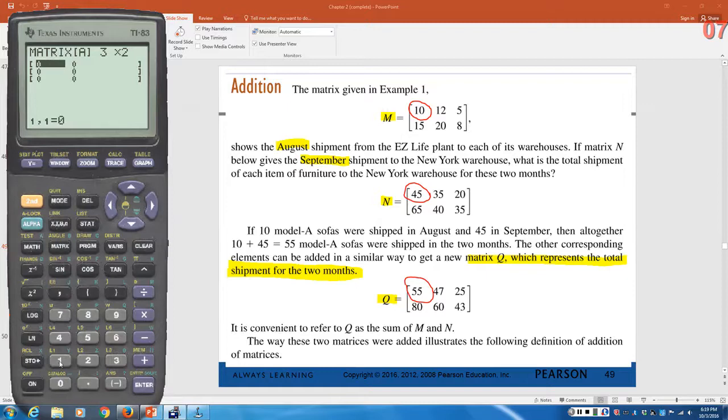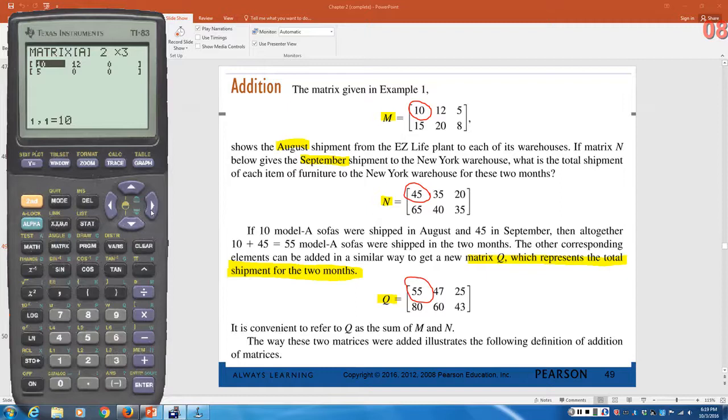And the entries in matrix A, or we could have used M, are going to be 10, 12, 5, sorry, I messed up. It's supposed to be 2 rows, sorry, and 3 columns. Shouldn't click and talk at the same time.